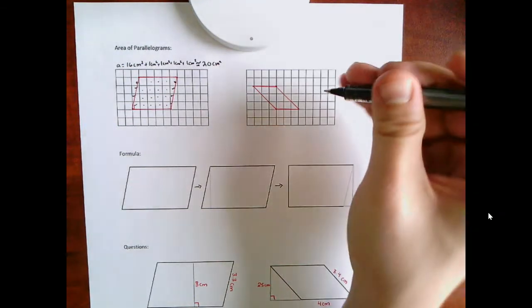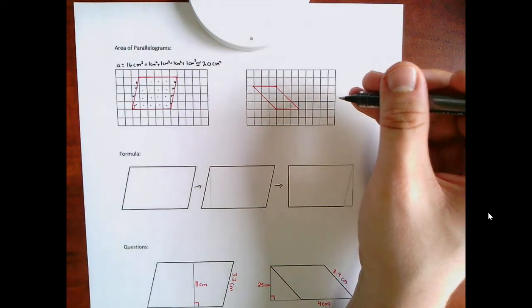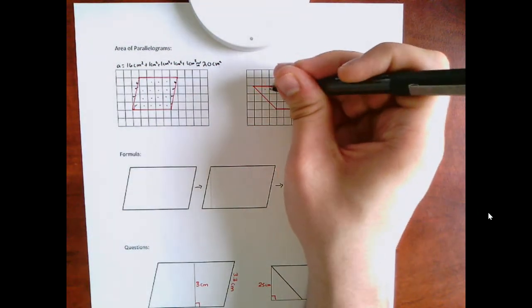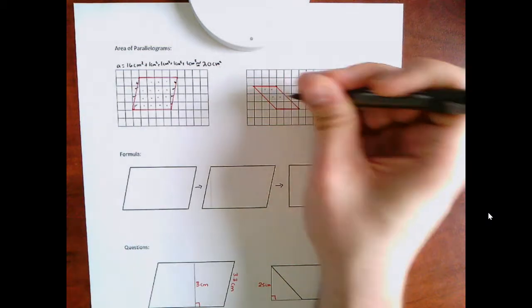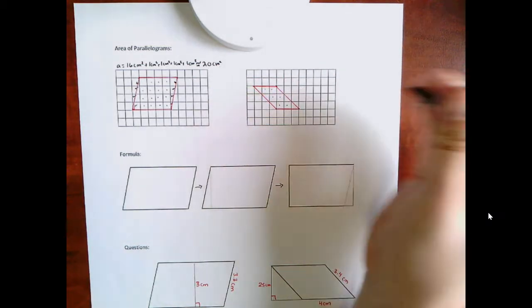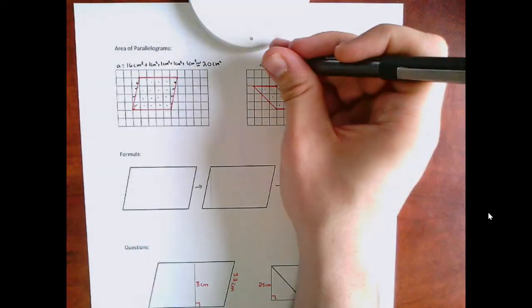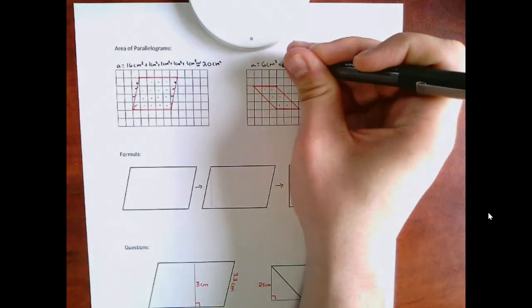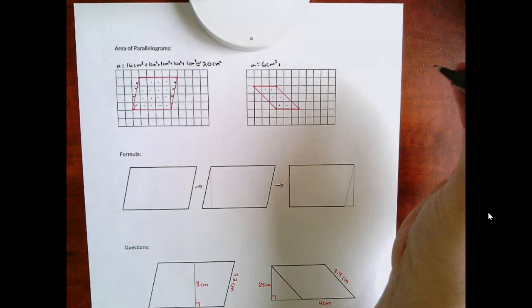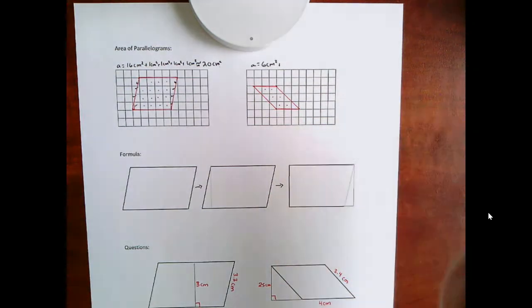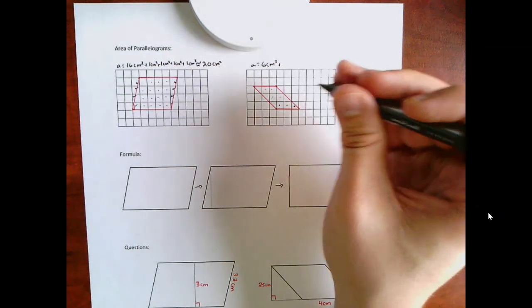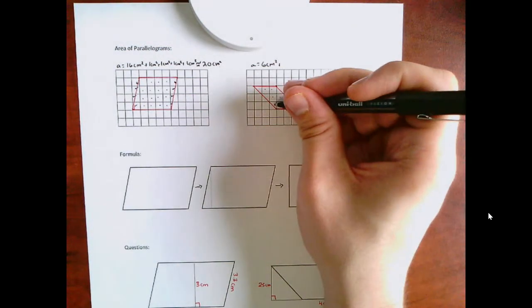So if we go to the other one, we're going to do the same thing. Calculating the same thing, you'll notice that we're going to count our full ones. So 1, 2, 3, 4, 5, 6. So we have 6 centimeters squared. And we're going to add up the parts that kind of go together. So this part kind of goes with this part here. So let's count that.